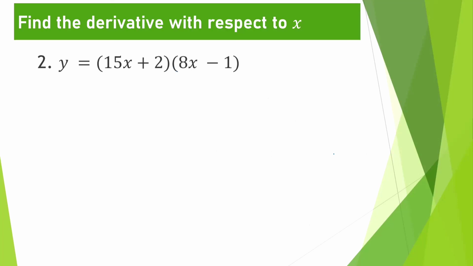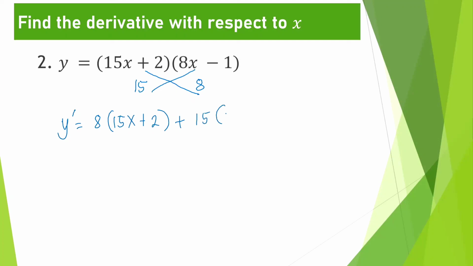Okay, time is up. So what we'll do is use the product rule. We get ready the derivative of the first factor and the derivative of the second factor, and then we do the pairing. The pairing is like cross multiplying. So for y prime, it will be 8 times 15x plus 2, plus the other pairing, 15 times 8x minus 1.